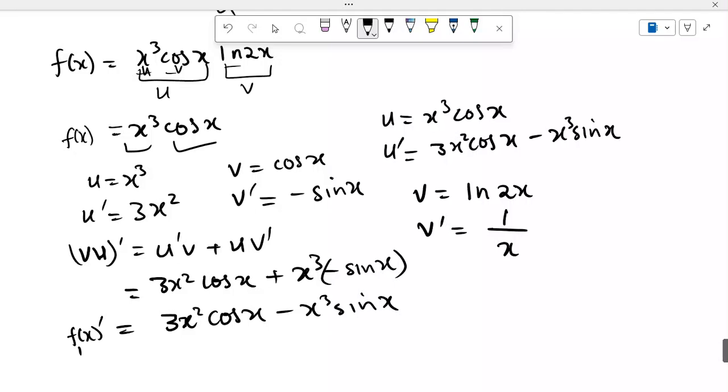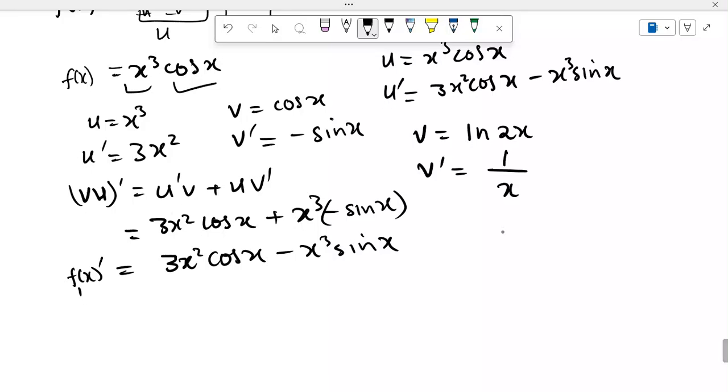So having said that, now let's come up with our function's derivative. This will be u prime v plus u v prime.